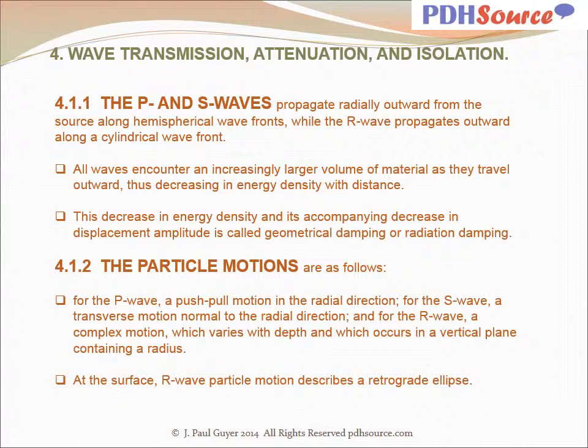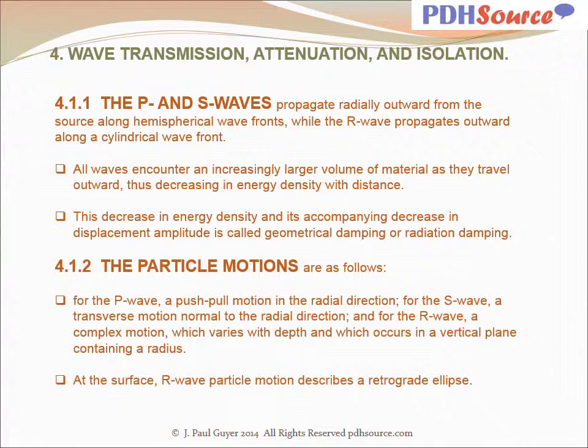All waves encounter an increasingly larger volume of material as they travel outward, thus decreasing in energy density with distance. This decrease in energy density and its accompanying decrease in displacement amplitude is called geometrical damping or radiation damping.